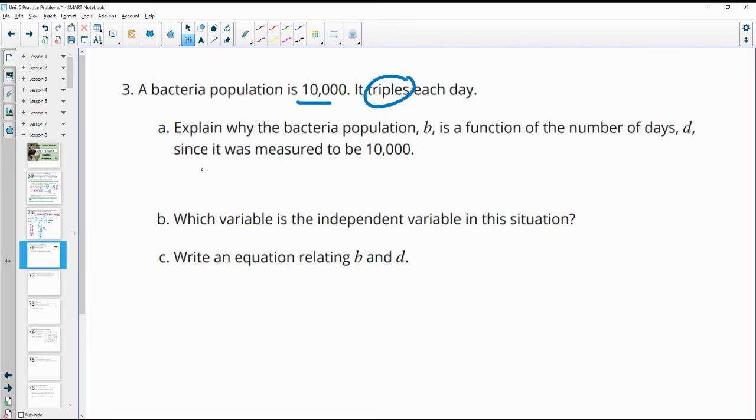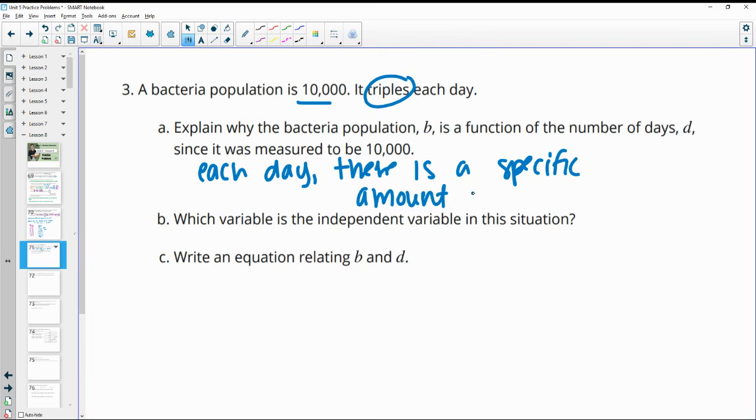So again, same thing, each day there is a specific amount of bacteria, or a unique output. Each day produces a unique output. Which variable is the independent variable in this situation? So which one is the one that's changing or not dependent on something else? And that would be the days.